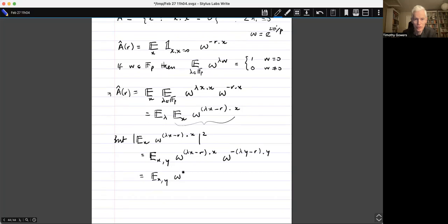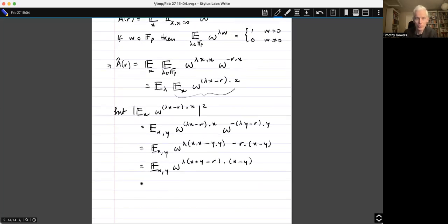So that's omega to the lambda times x dot x minus y dot y, and minus r dot x minus y. And this has got a factor x minus y in a dot product sense: omega to the lambda times x plus y dot x minus y, because the dot product is symmetric. So I can just put that in there and then go minus r dot x minus y.